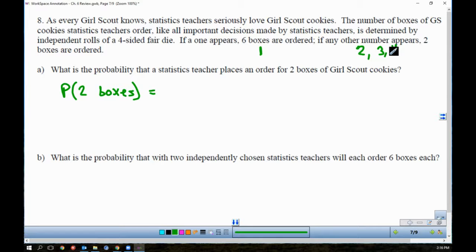So what's the probability I only get to order 2 boxes? 0.75. That's right. Or you could have also said 3/4.